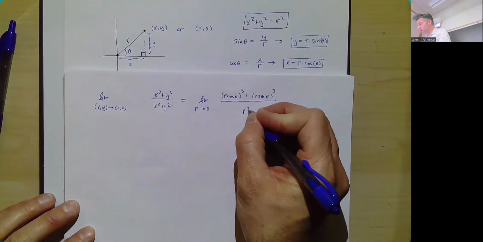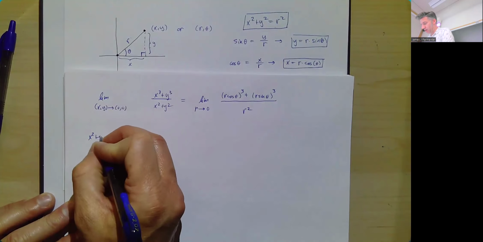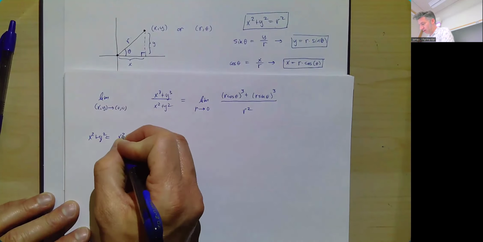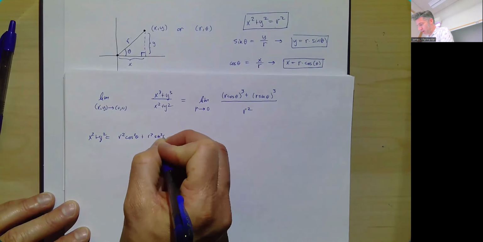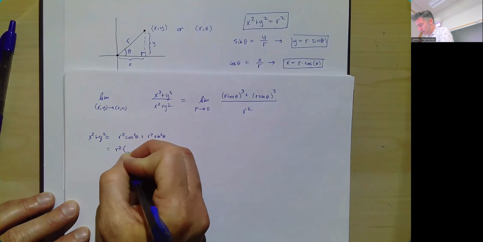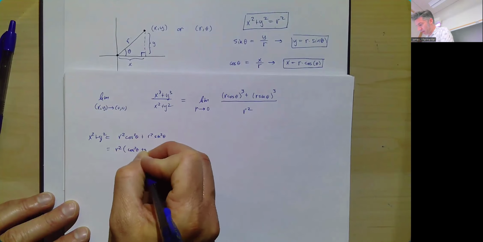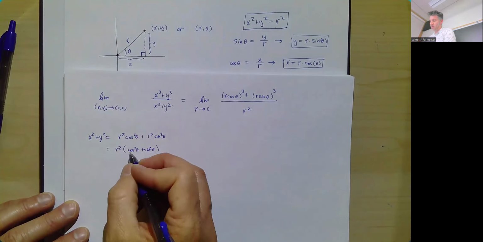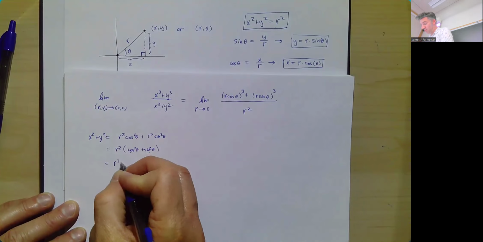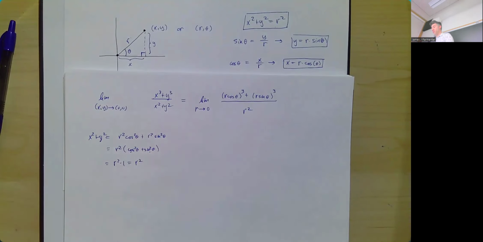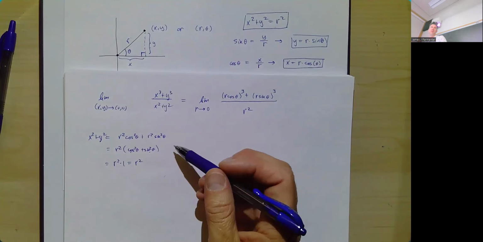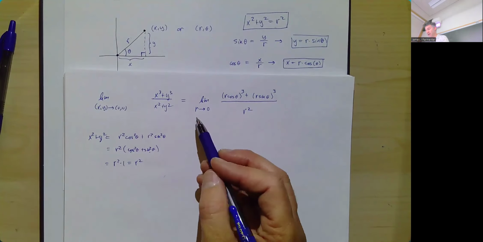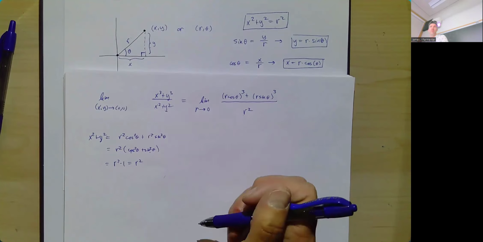You could say that x squared plus y squared is r squared cosine squared theta plus r squared sine squared theta, which is r squared times cosine squared theta plus sine squared theta, and that is 1. But I think everyone's okay with you saying we know x squared plus y squared is equal to r squared.